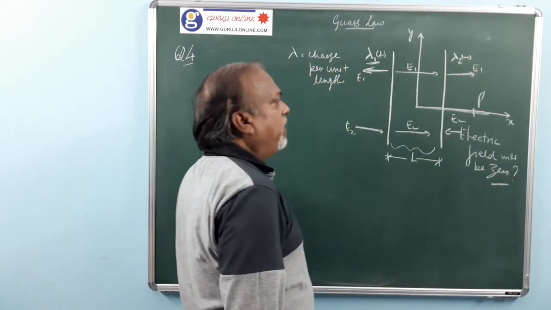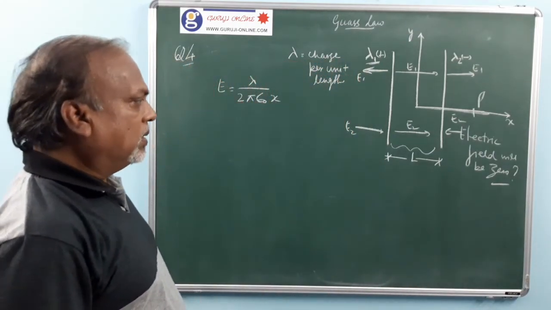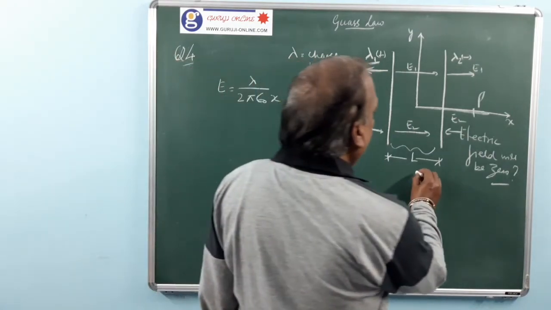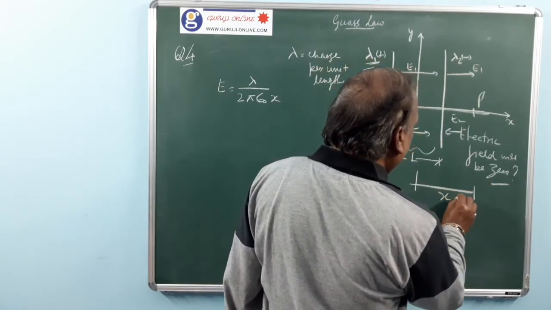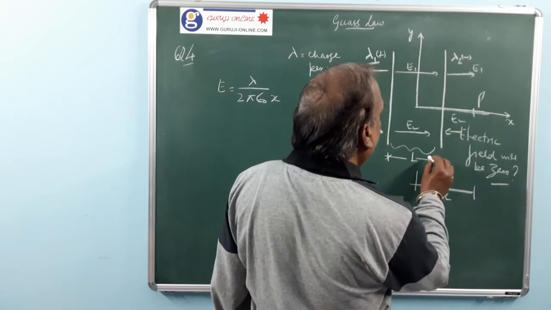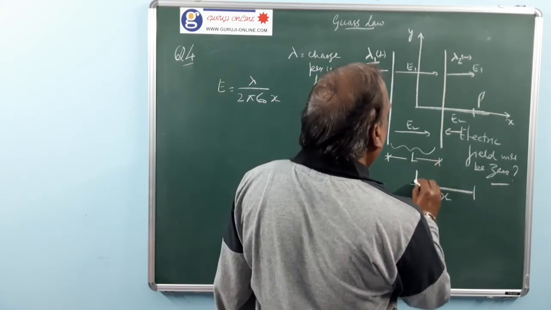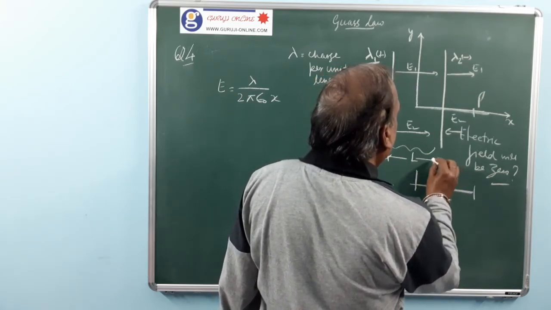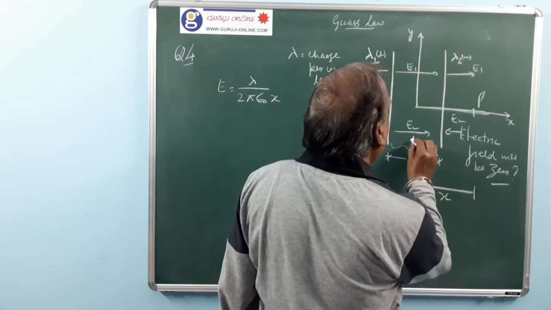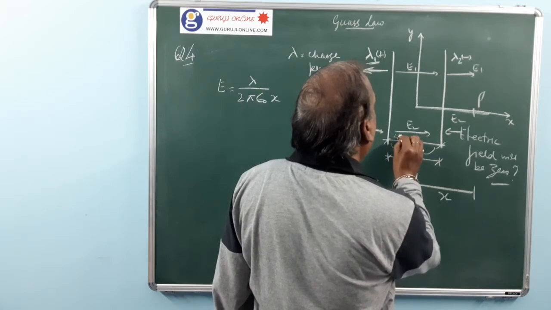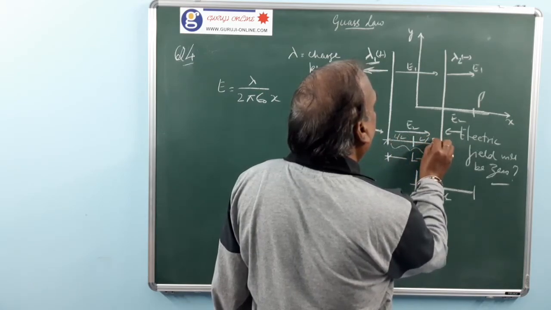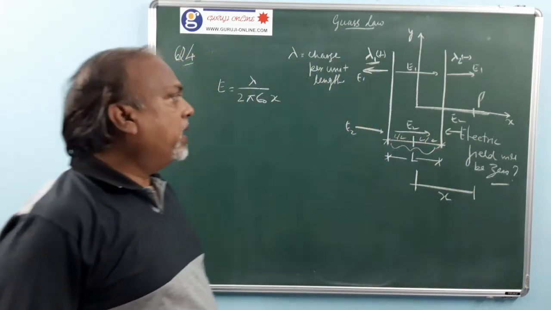Suppose at P this electric field is 0. This P distance is x, and this will be L by 2 and L by 2. Correct?